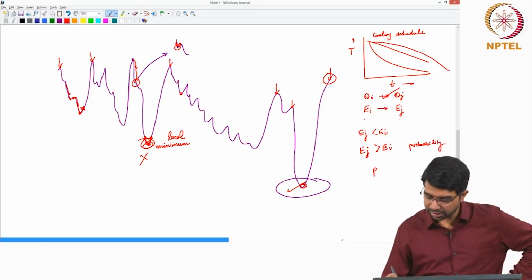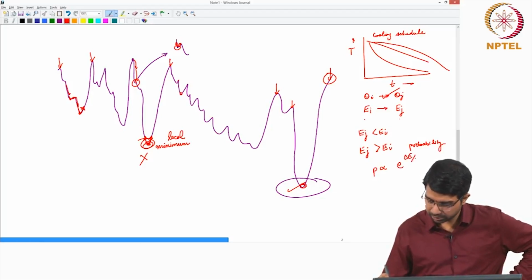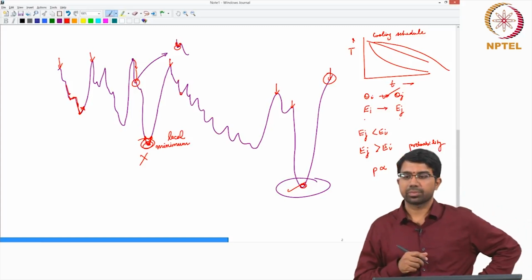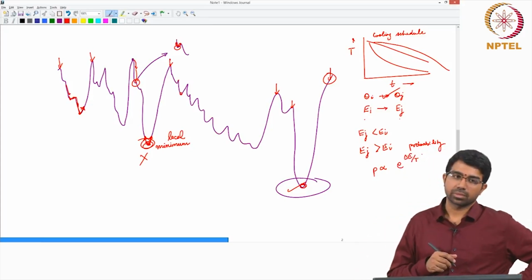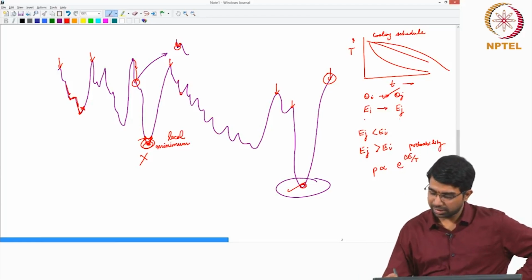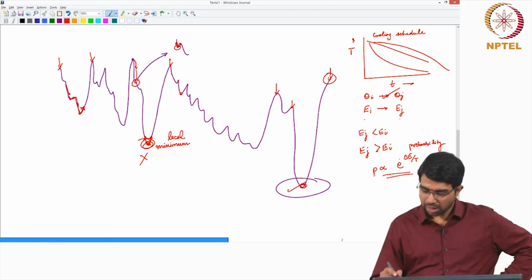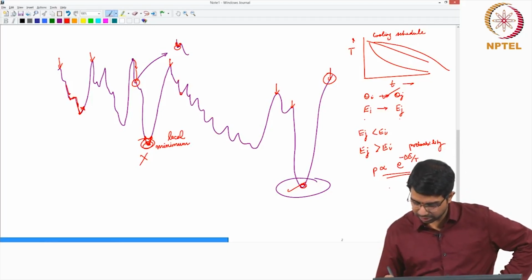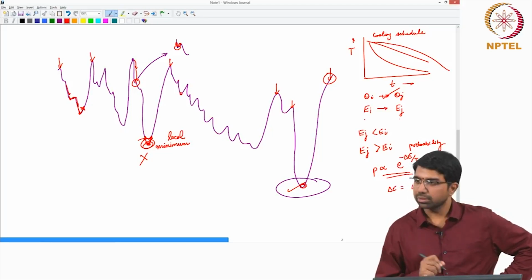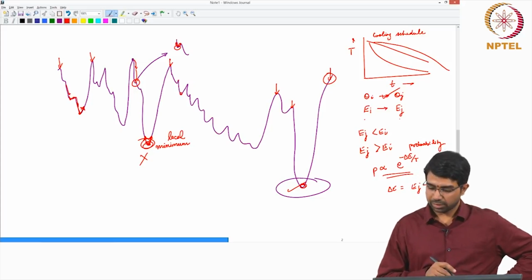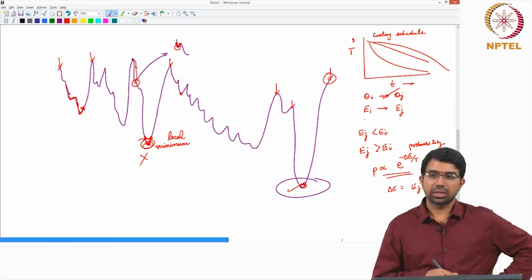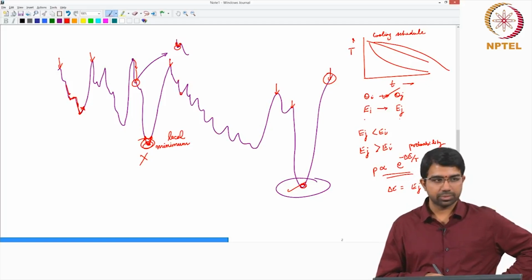This probability is generally proportional to e to the minus delta E by T, so this is again very inspired from the Boltzmann distribution, condensed matter physics. Delta E is basically Ej minus Ei.